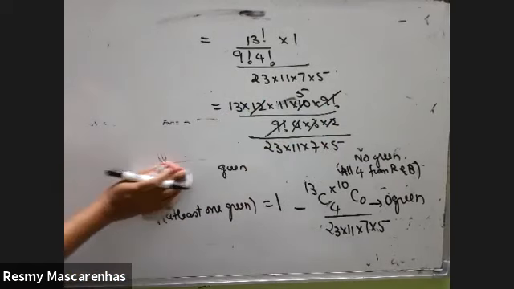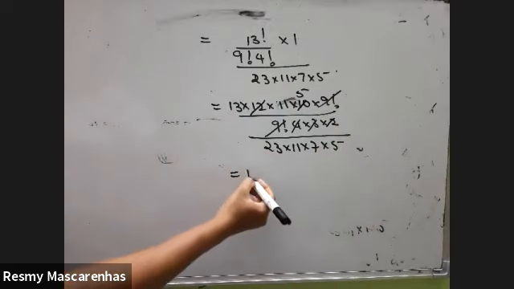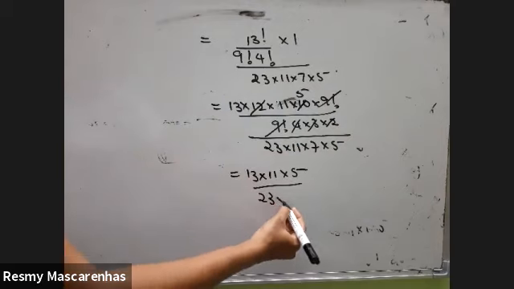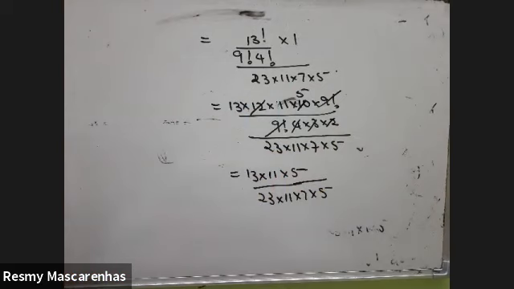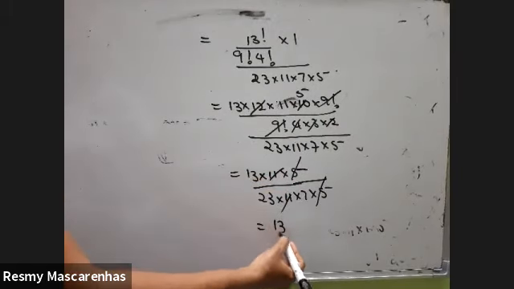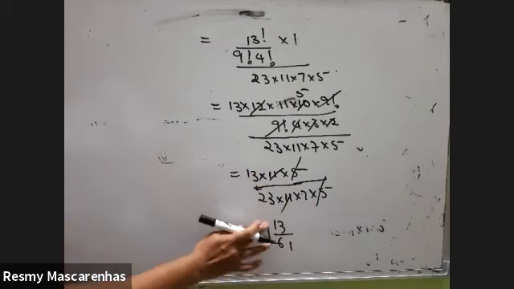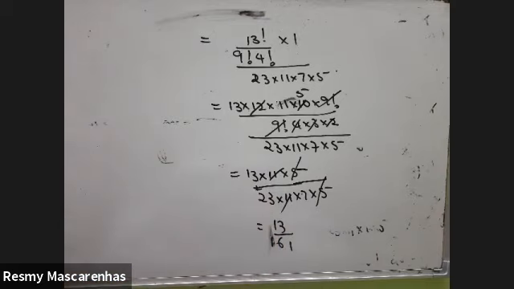So what you'll get after cancelling is 13, 11 into 5 upon 23, 11, 7 into 5. So 5 and 5 will cancel, 11 and 11 will cancel, 13 upon 161.